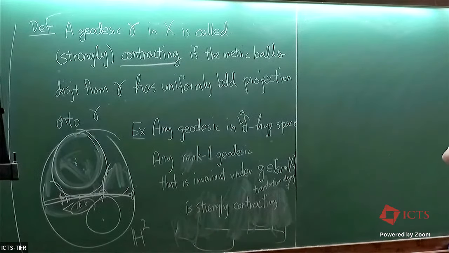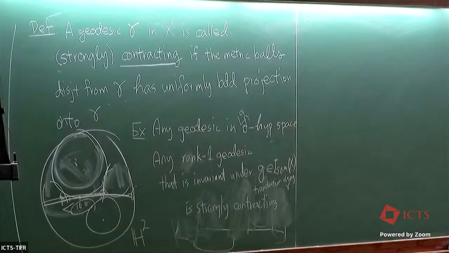Of course, Nicholas pointed out that there could be no unique invariant geodesic, so there could be several. So what do you mean by axis? It's a union of those geodesics, but any of these geodesics will be strongly contracting. Any questions so far?